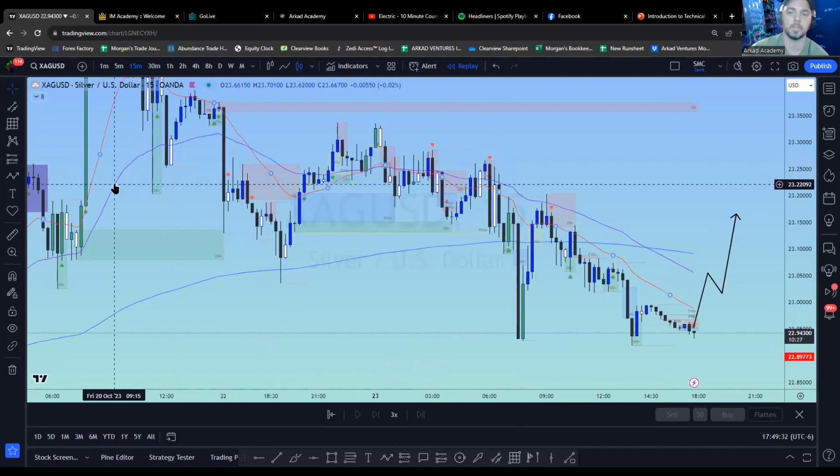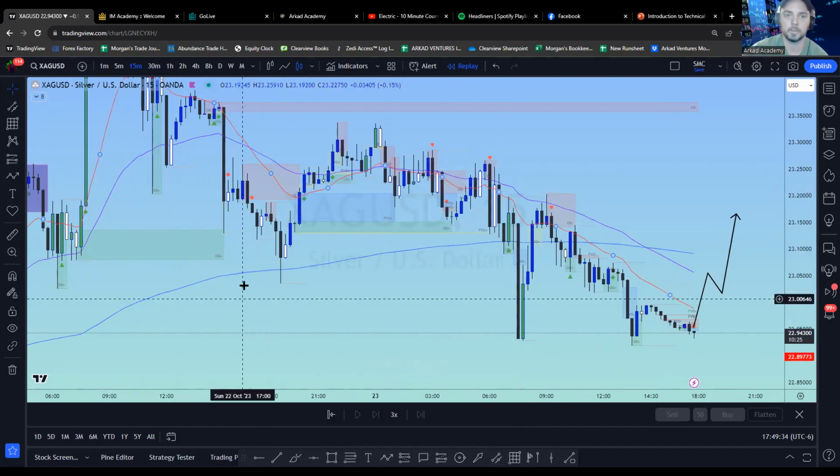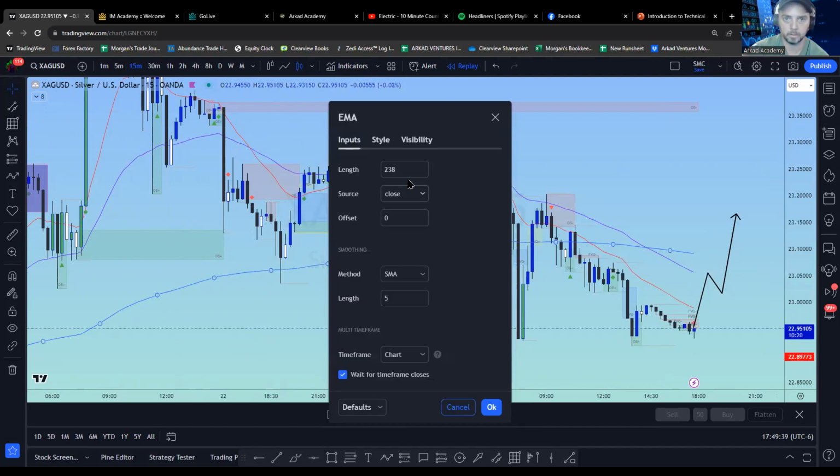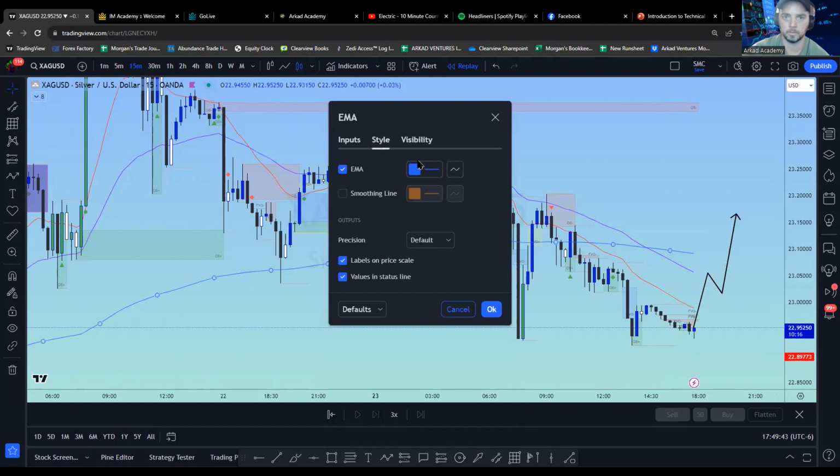The 50 is the average of the last 50 candles. And this 238, I'll make it a different color, is the average of the last 238 candles.